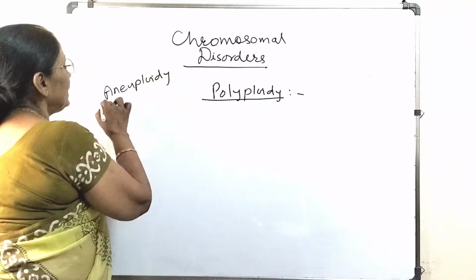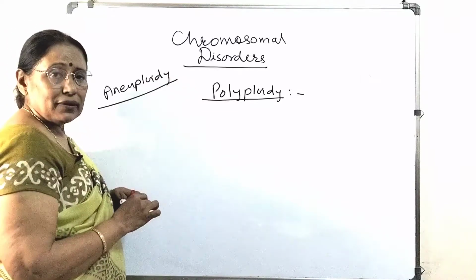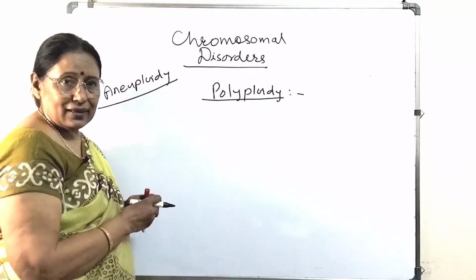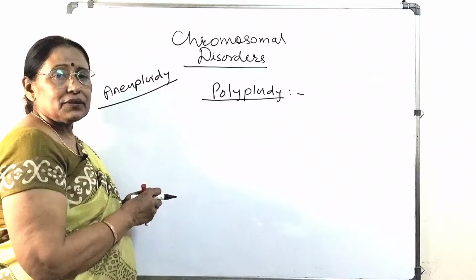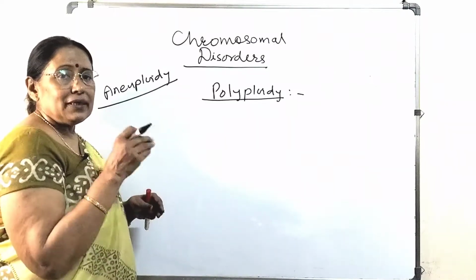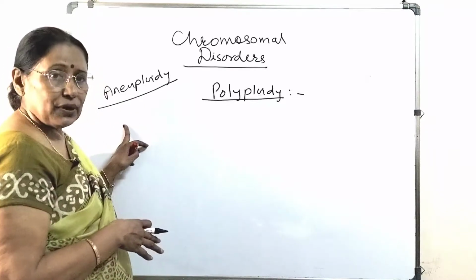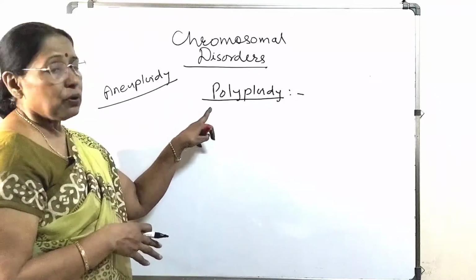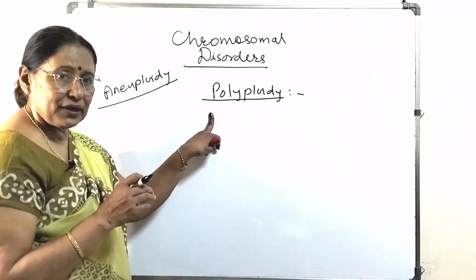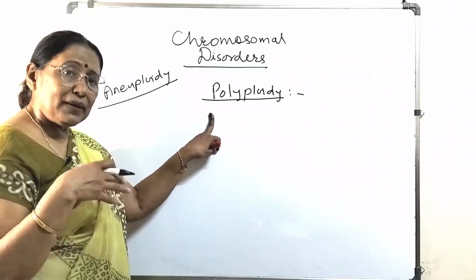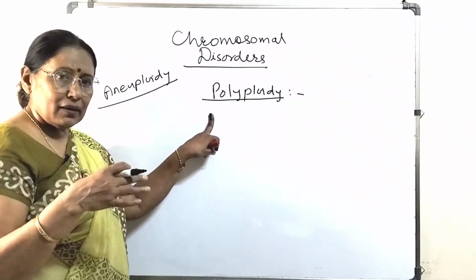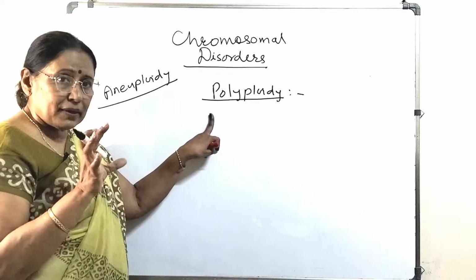What is aneuploidy? क्या था वो? एक सेट का गड़बड़ हो जाना. Suppose the set is of 10 chromosomes, then it has become 9 or it has become 11, like that. This is aneuploidy. But polyploidy is different from it. In polyploidy, the complete set is multiplying. Set में गड़बड़ी नहीं हो रही है.